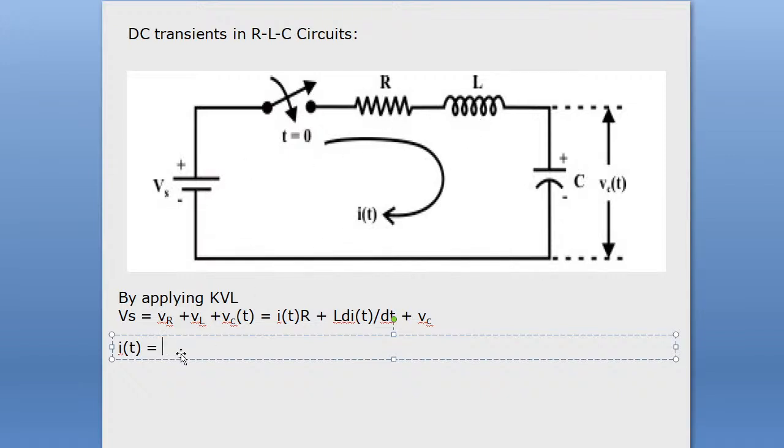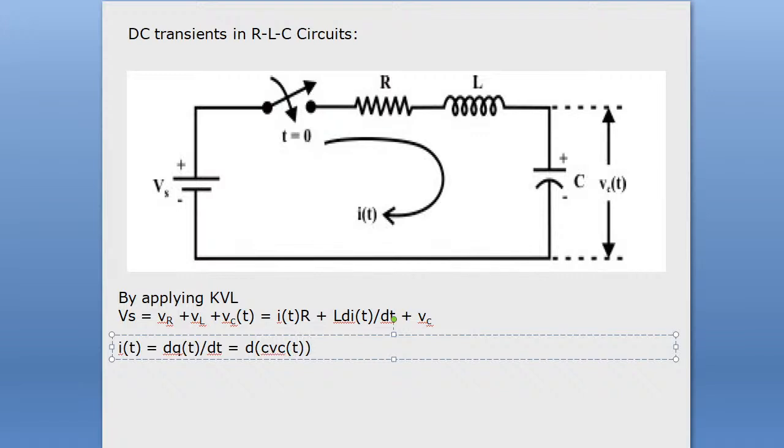Okay, no problem. So let me write it: dq(t) by dt. We can solve this in two ways, either by considering I of t or by considering Vc of t. Here I have considered the current in terms of Vc of t.